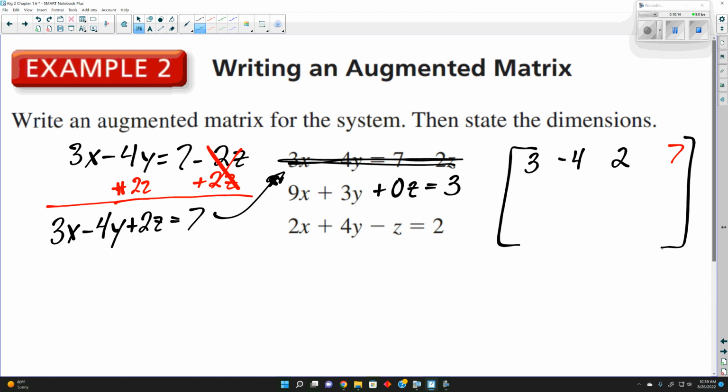Now the next equation we have 9 for x, 3 for y, 0 for z equals, and the last one is 2, 4, -1. If there's a minus sign or a negative, it comes with it, equals 2.